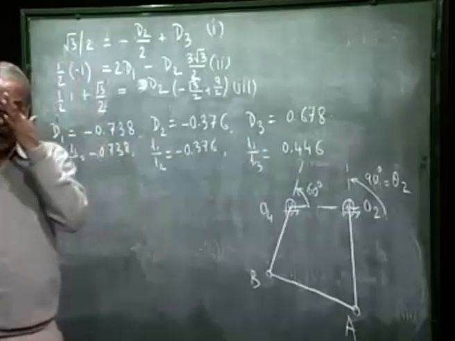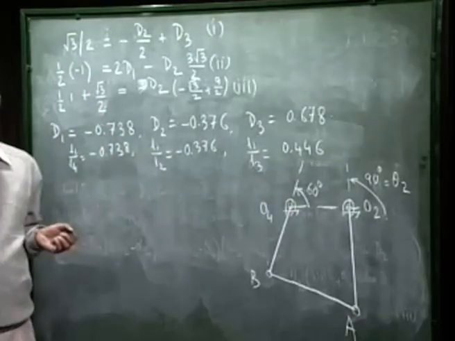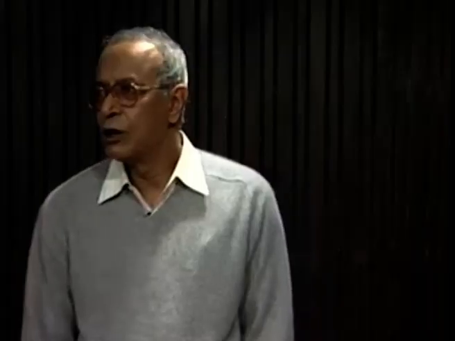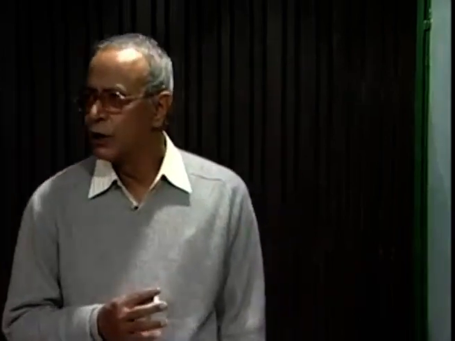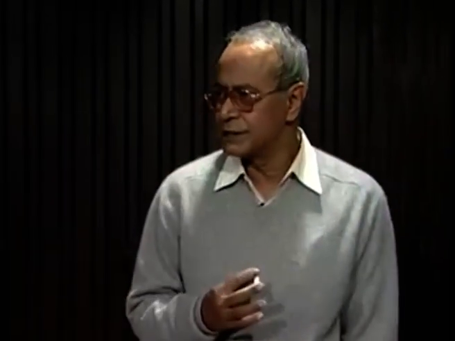This is what we mean by Freudenstein's method as applied to a 4R linkage. So, we have discussed the function generation problem with reference to a 4R linkage function generator for 3 position synthesis.